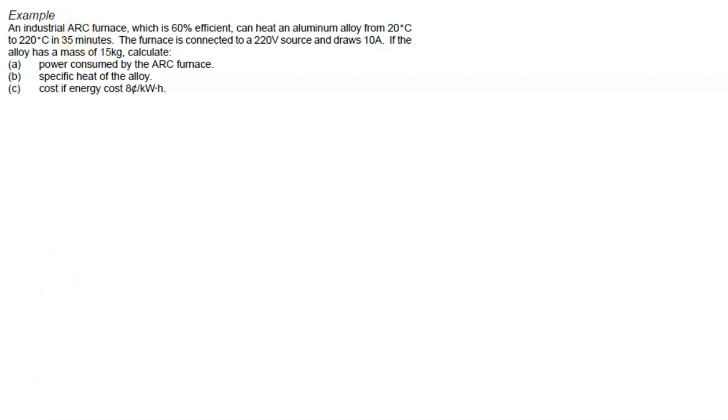And so in this particular example now, we got to think about our three equations. Q is equal to MC times delta T, and that is the heat absorbed, right?